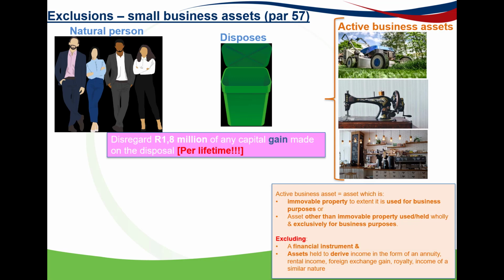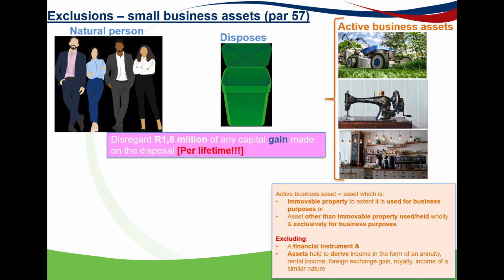An active business asset is an asset which is immovable property to the extent it is used for business purposes, or any other asset other than immovable property that is used or held wholly and exclusively for business purposes.